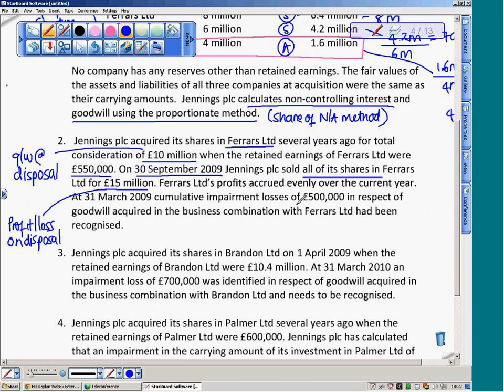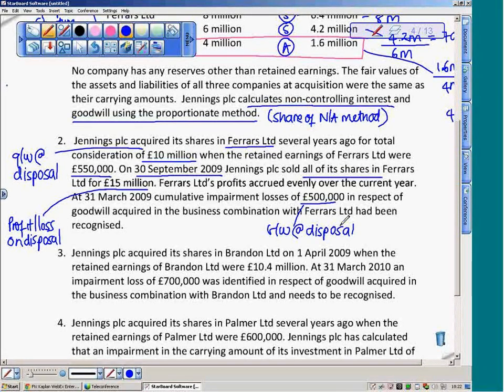Read that Ferrers Limited's profits accrued evenly through the current year, and at 31st of March 2009, cumulative impairment losses of 500,000 in respect of goodwill had been put through. So what that's telling us is that when we do our goodwill calculation, we reduce the goodwill by the impairment number.